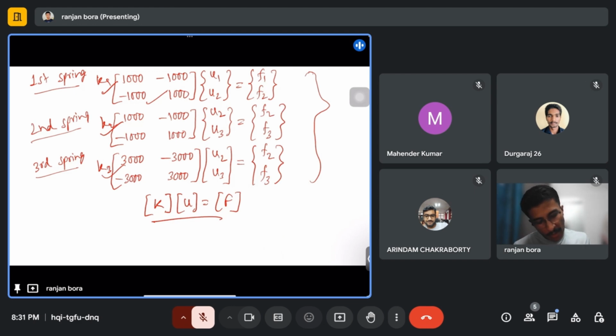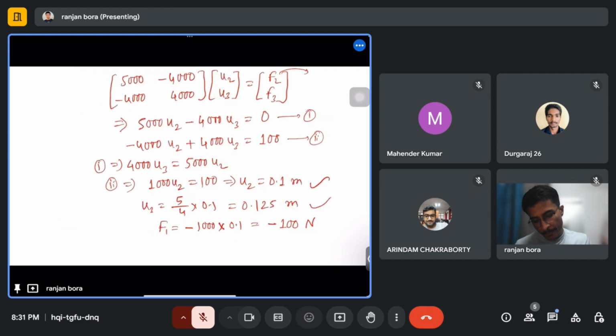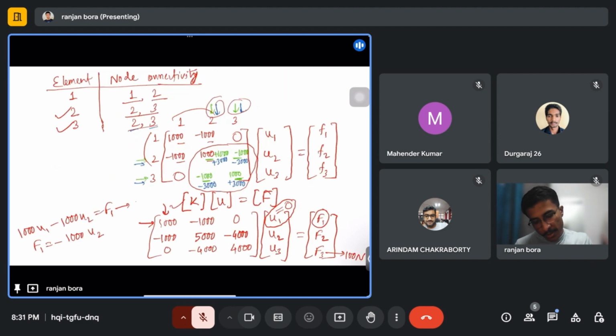If we simplify this matrix, this was the first equation we got. Similarly, the second equation is 5000 u2 minus 4000 u3 equal to f2.